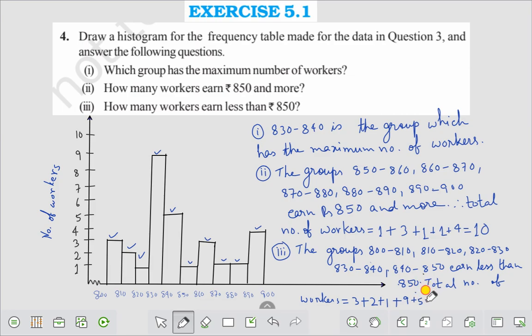The total number is 9 plus 1, 10, 15, 16, 17, 17 plus 3, 20. That means 20 workers.